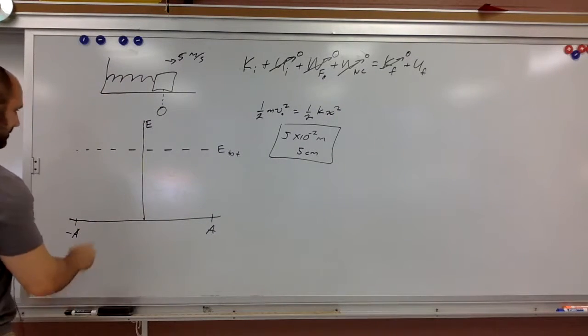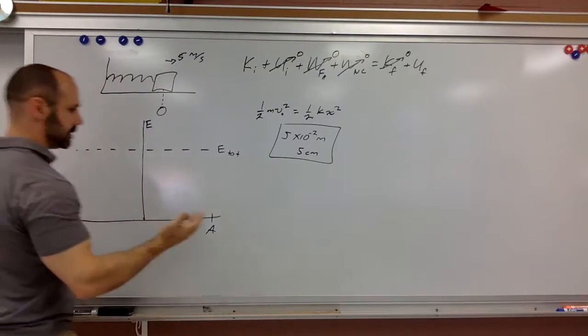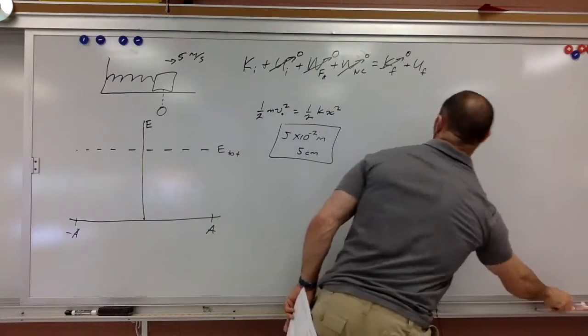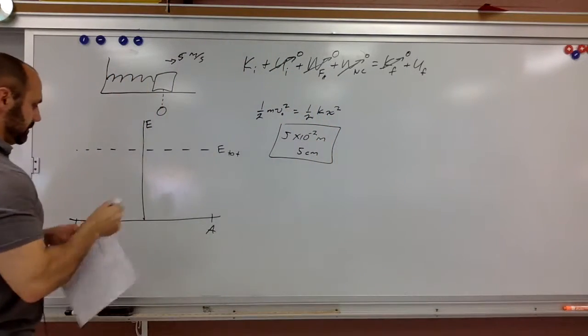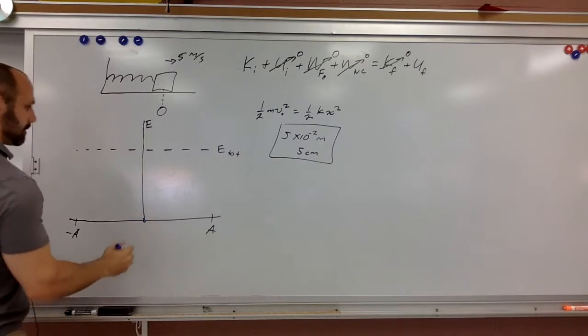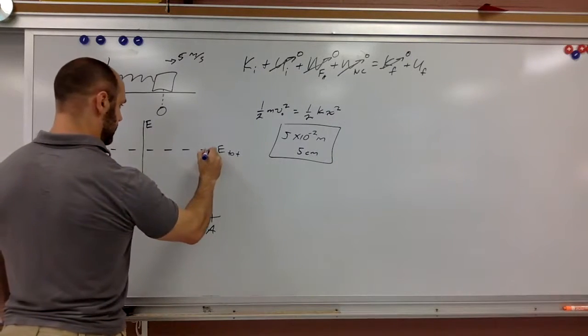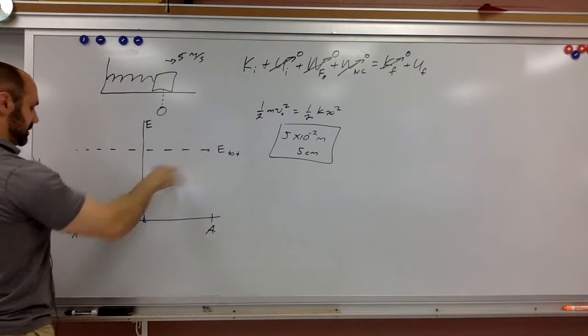So if this thing is oscillating back and forth here, let's look at the elastic potential energy. At 0, the elastic potential energy is 0. And at the amplitude, that's where all of the energy is in the form of elastic potential energy.